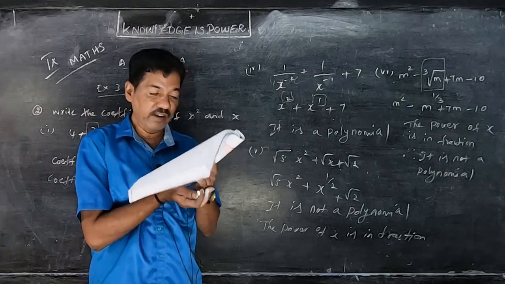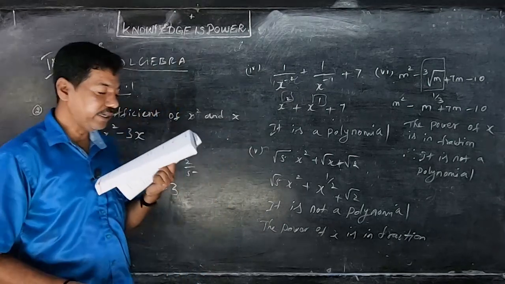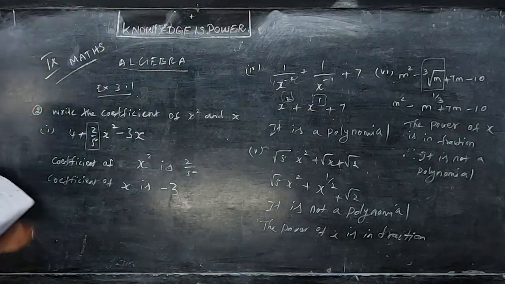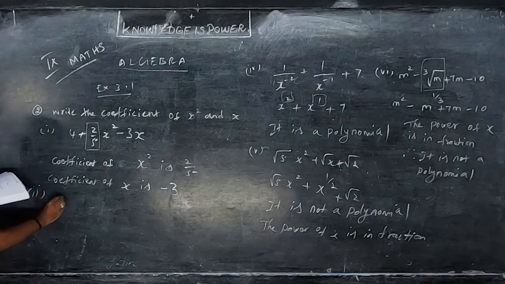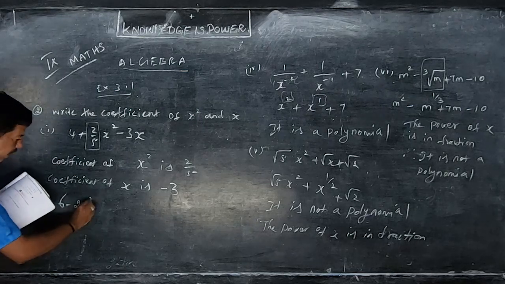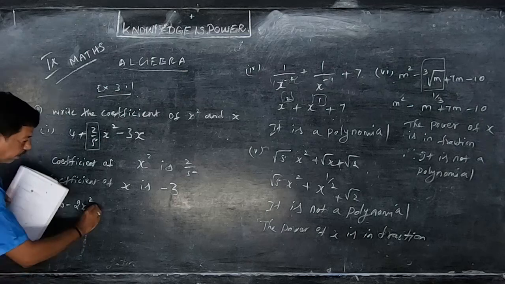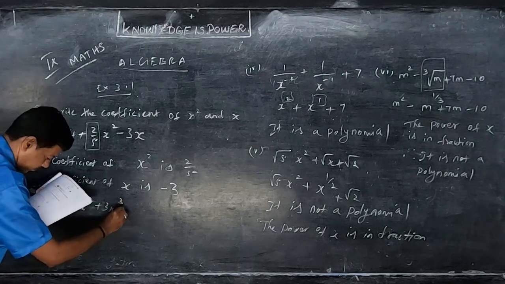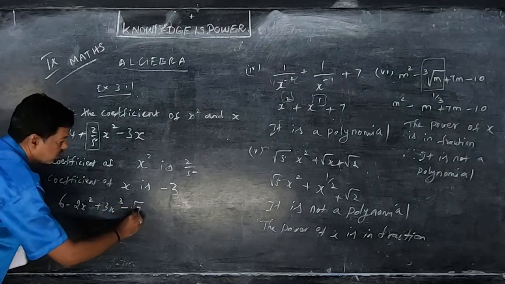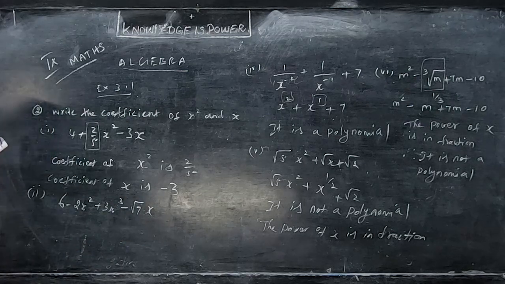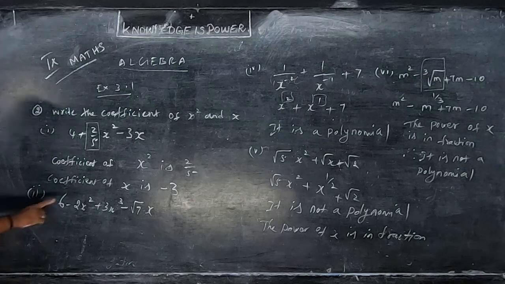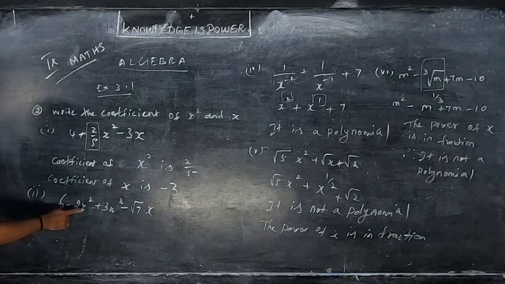Okay, I'll do the second one, and you will understand clearly. Question number 2: 6 minus 2x square plus 3x cube minus root 7x. What is the coefficient of x square here? See here, x cube, x square.